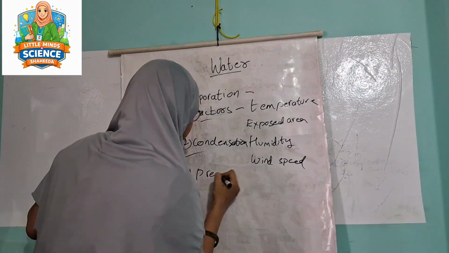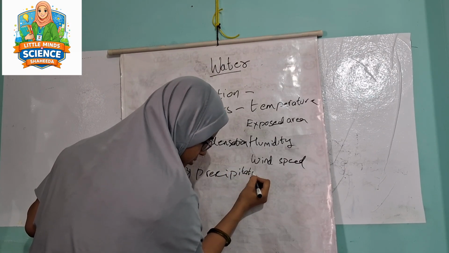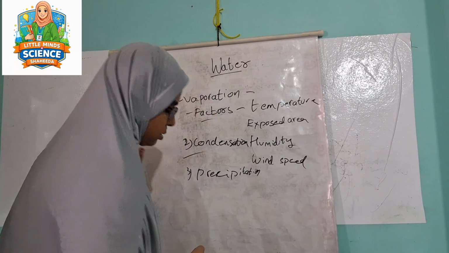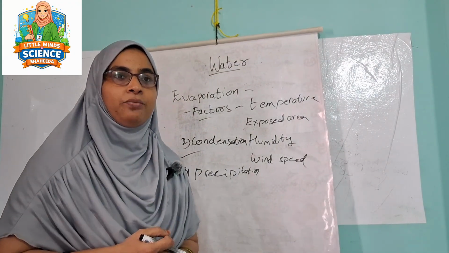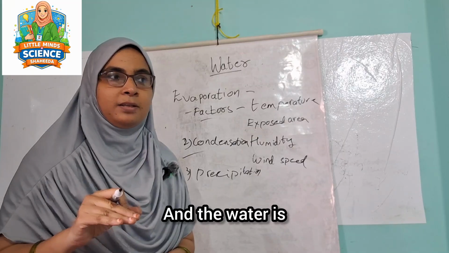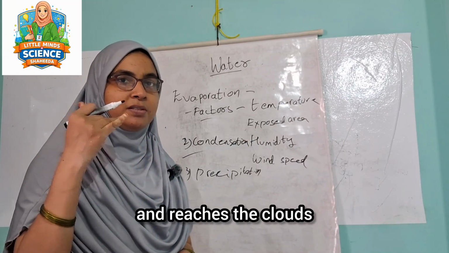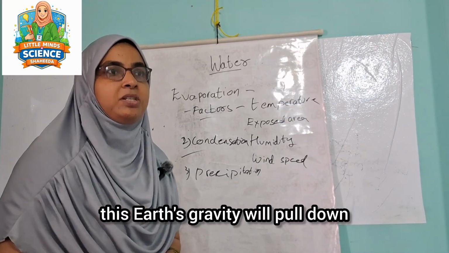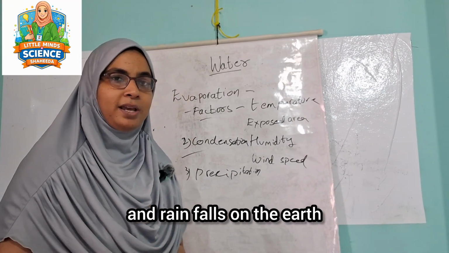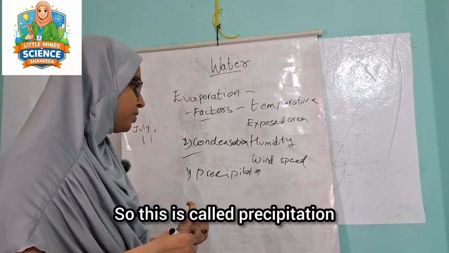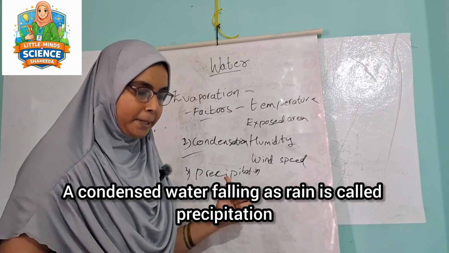Next step is precipitation. When the water cools down and reaches the clouds, Earth's gravity pulls the heavy clouds down to the earth and rain falls on the earth. So condensed water falling as rain is called precipitation.